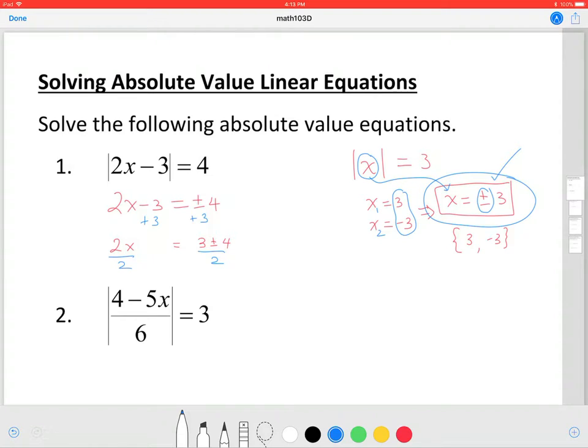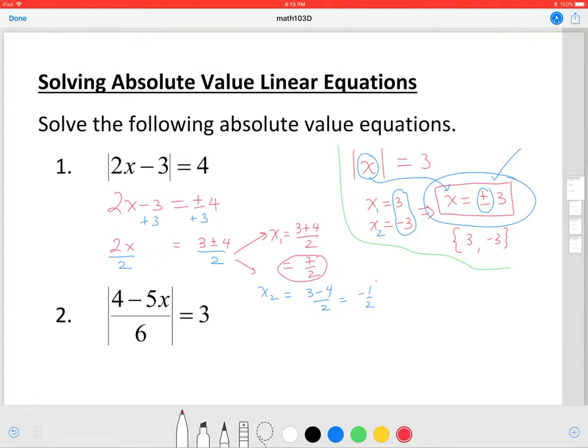That looks a little confusing, so let me write this as two separate answers. My first solution is 3 plus 4 over 2, which is 7 over 2. The second solution, x2, is 3 minus 4 over 2, which is -1/2. So I arrived at two separate distinct solutions.